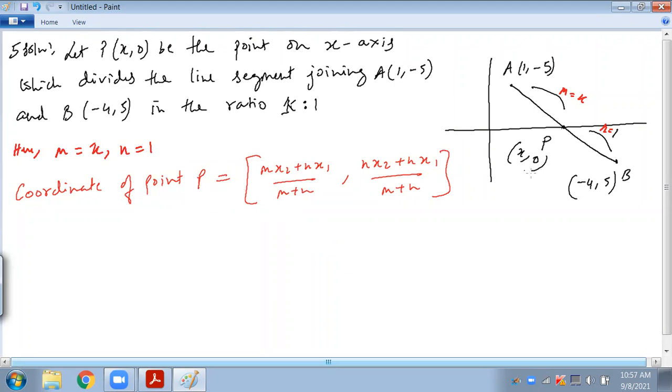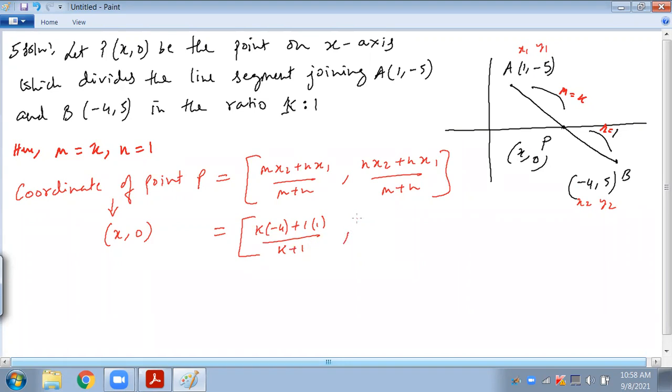Now, the coordinate of the point P, we have taken as x comma 0, so we write it on the left, and on the right side put the values, where A will be x1, y1 and B will be x2, y2. Just see and put the values. m is k, x2 is -4, plus n is 1, and x1 is 1, by m plus n, that is k plus 1.